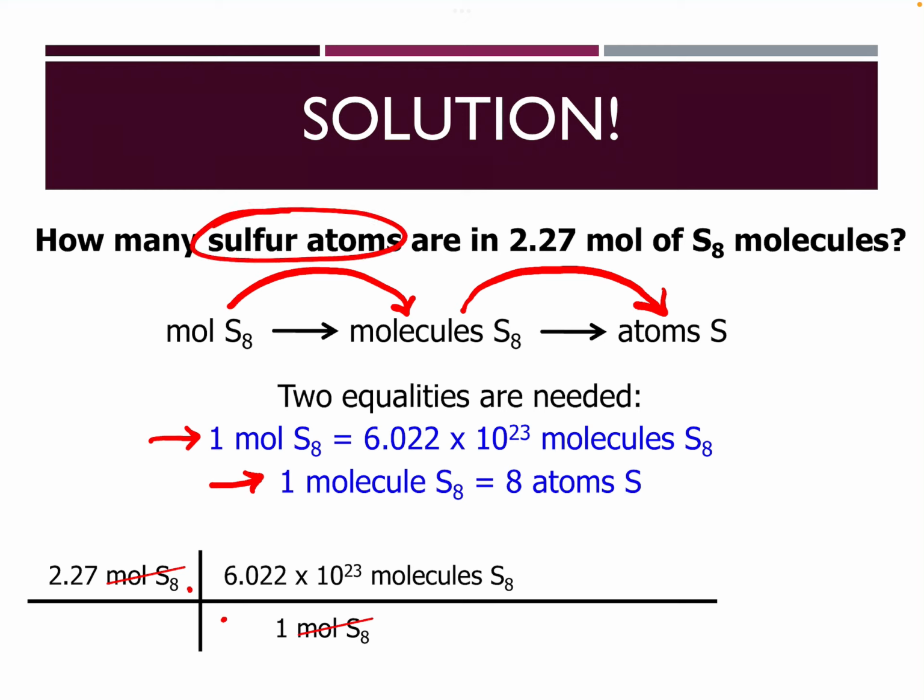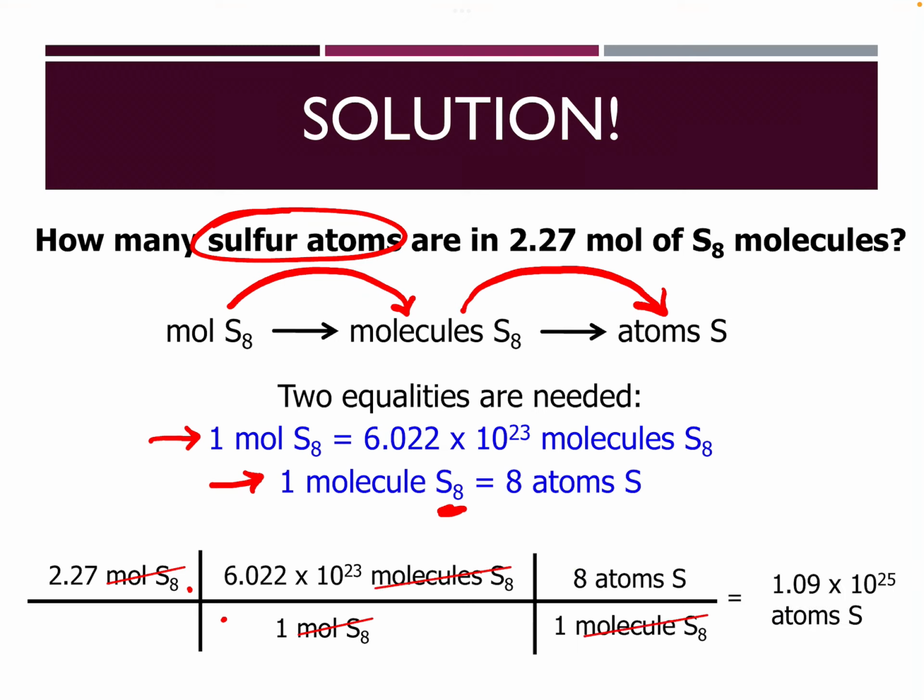We were looking for sulfur atoms, and right now we've solved for molecules of S8. So we have to keep going. We know that for every 1 molecule of S8, there are 8 individual atoms of sulfur if I take this whole thing apart. So 1 molecule of S8 will go on the bottom, and our 8 atoms of sulfur will go on the top. We'll make sure all of our units cancel, and then we'll get our answer.